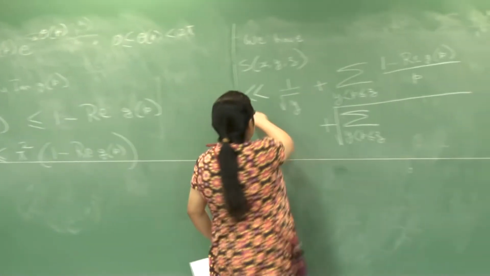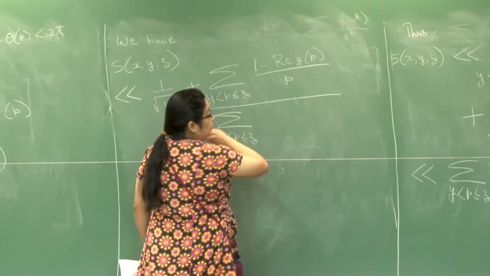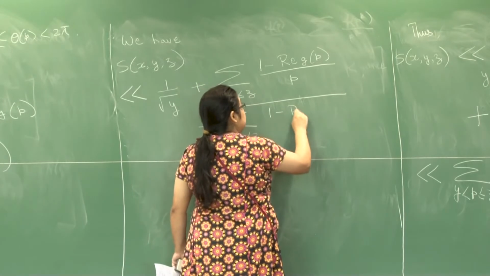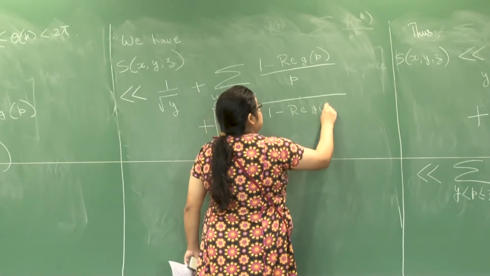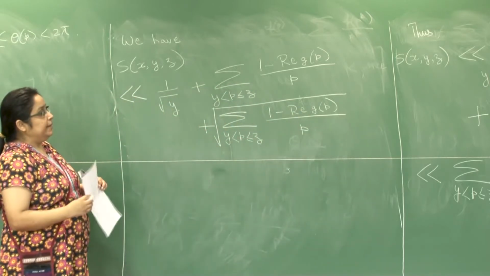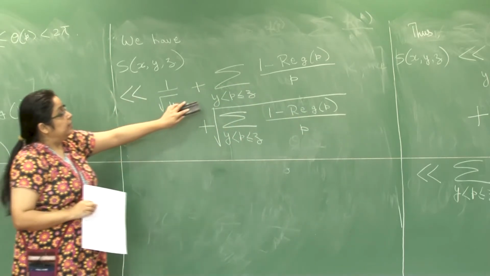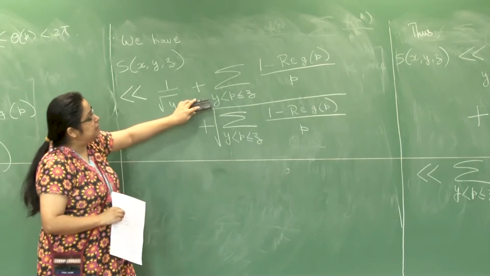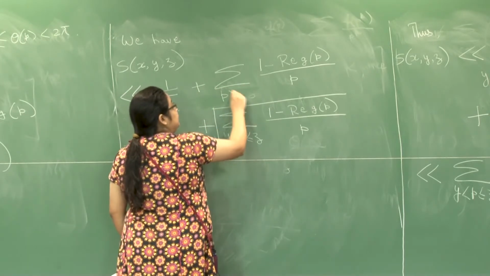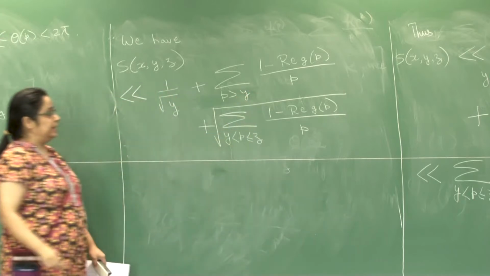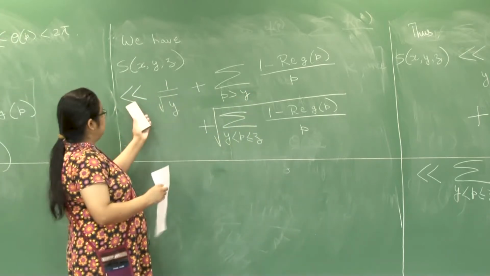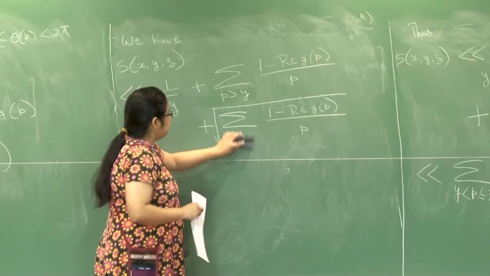So, again, since it all gets absorbed in the O term here, you have 1 minus the real part of g of p over p. And now, since p is lying between y and z, I can certainly replace it by p strictly greater than y. It will just add a bunch of non-negative terms, so this inequality will still hold.